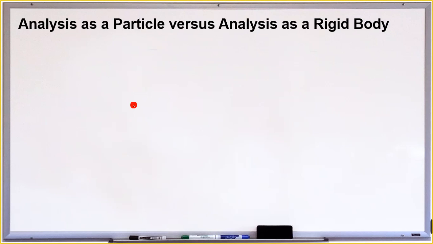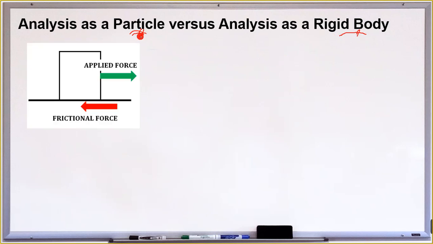And of course we all know that we can also represent an object, if that object has a considerable size, as a rigid body rather than a point or a particle. So what's the difference between these two?